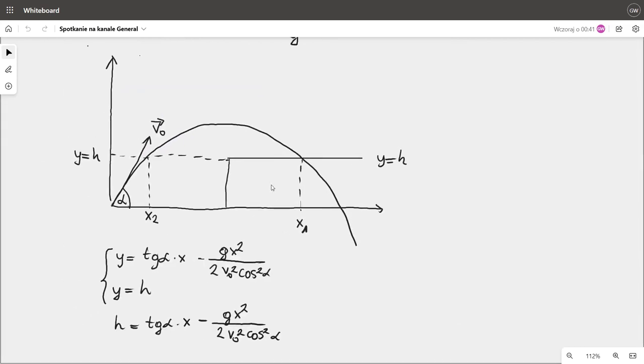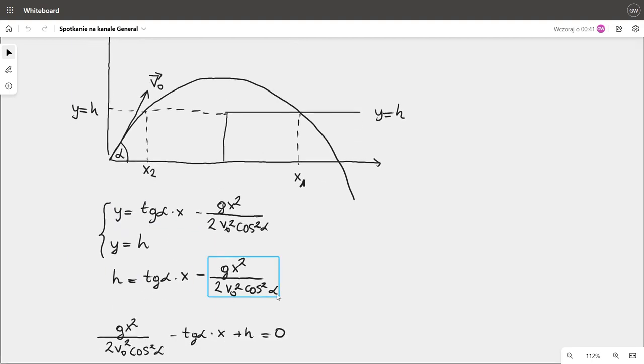If the obstacle is a platform parallel to the ground, then its equation is just y equals h. You have it here and here. Now it's enough to put the right side of the second equation to the left side of the first equation.